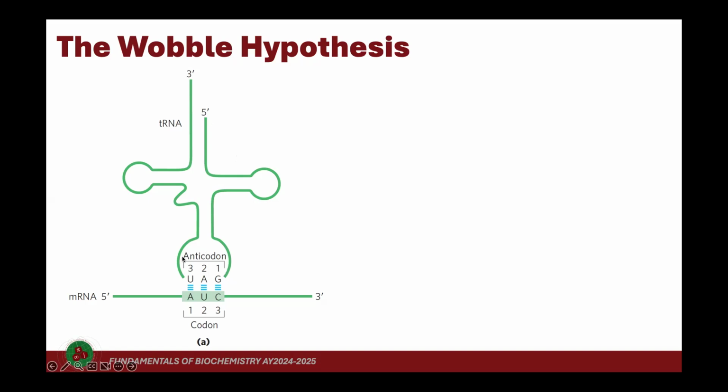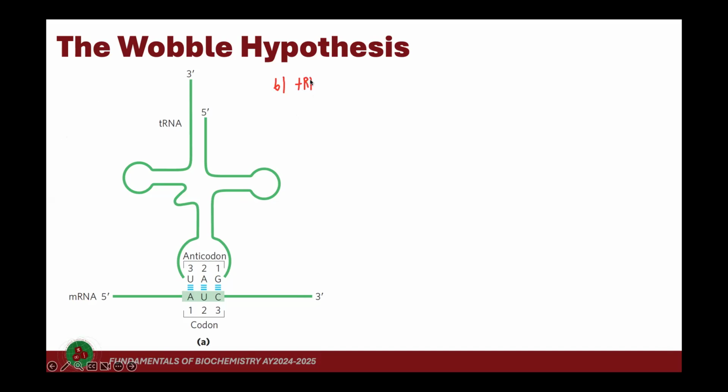The anticodon is the one that is complementary to your codon. Okay? Now, interestingly, you might ask, if there are 64 or 61 codons that correspond to 20 amino acids, does that mean the cell also has 61 tRNAs?